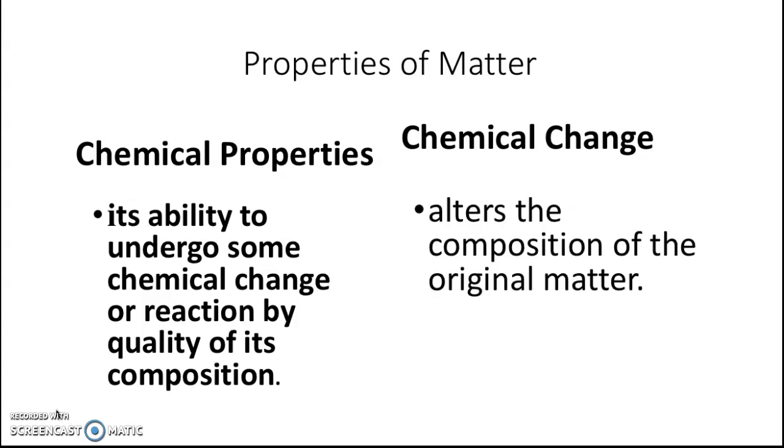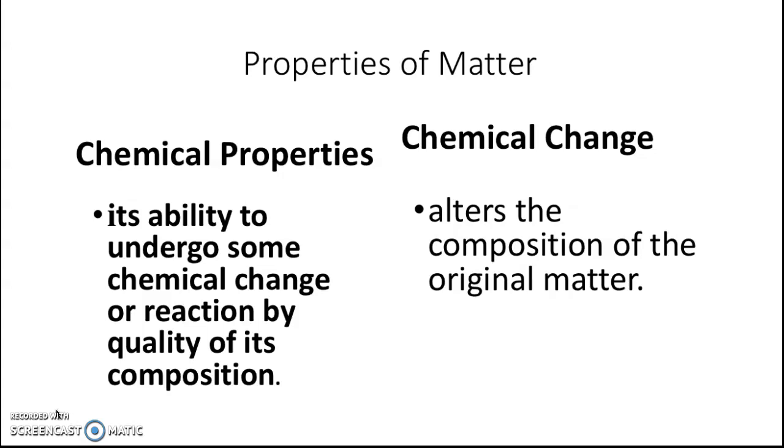Now, a chemical change alters the composition of the original matter, meaning that it's no longer what it was when we first started. So if I start out with a piece of paper, like in the last example, and instead of crumpling it up, it catches on fire, and then I have ash when we're done, is this still paper?